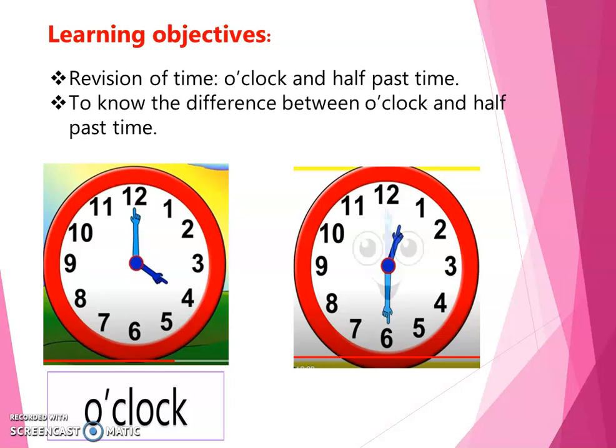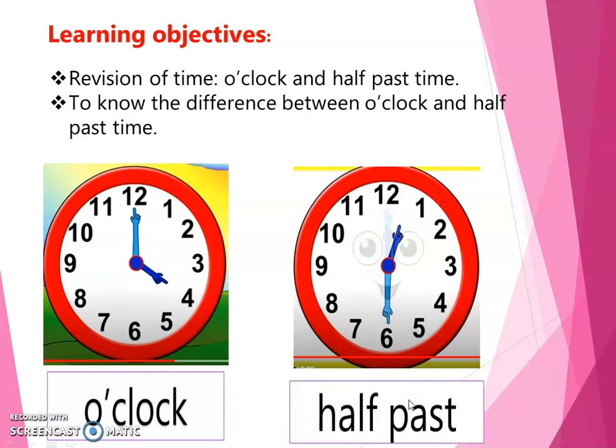So let us find out what time it is. If the long hand is pointing at 6, meaning to say the time is already half past.